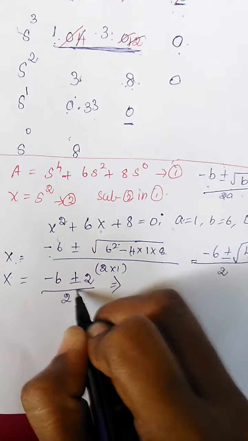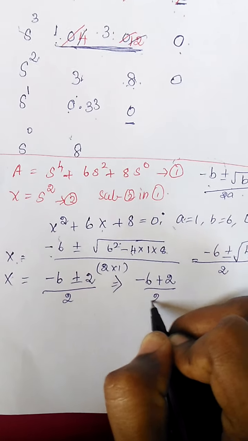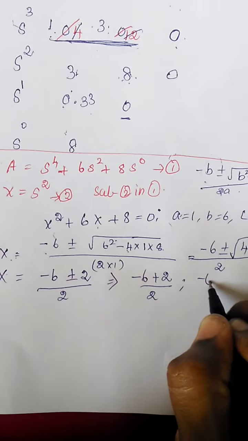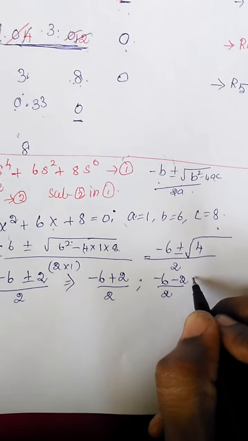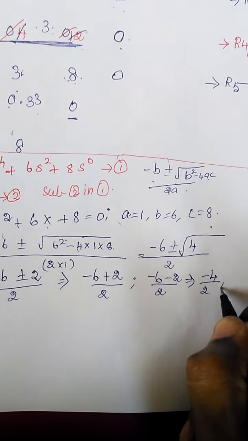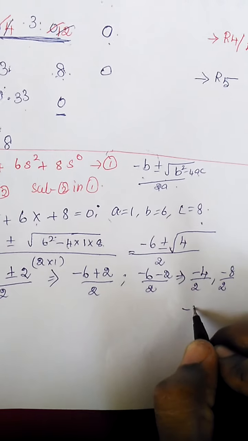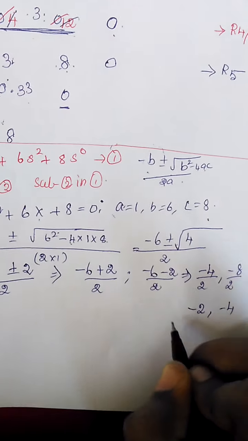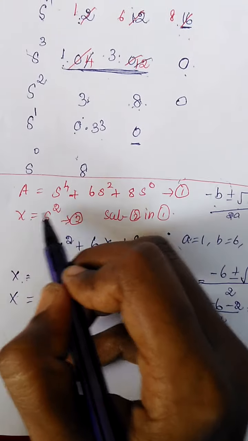So we are going to take two parts. Minus 6 plus 2 divide by 2, then the other root is minus 6 minus 2 divide by 2. Then this gives us minus 4 by 2, comma, minus 8 by 2. This is minus 2 comma minus 4. These are the x values. You know x equals s squared.